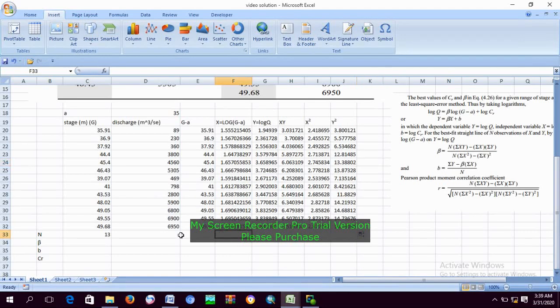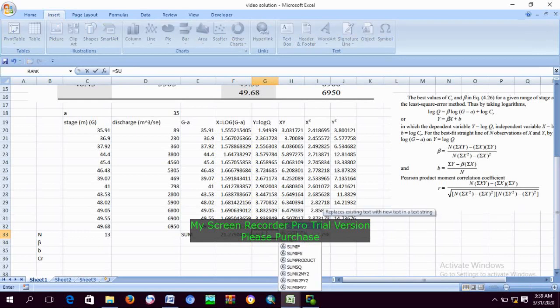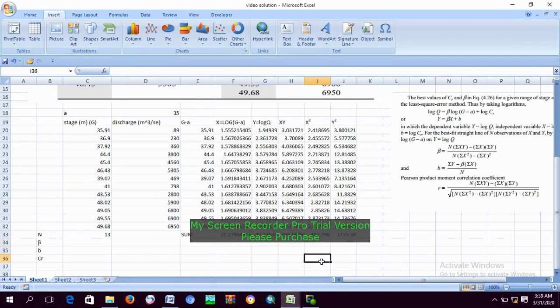Then it is equal to sum. Okay, double click and just drag, simply enter. Yes, it is sum.